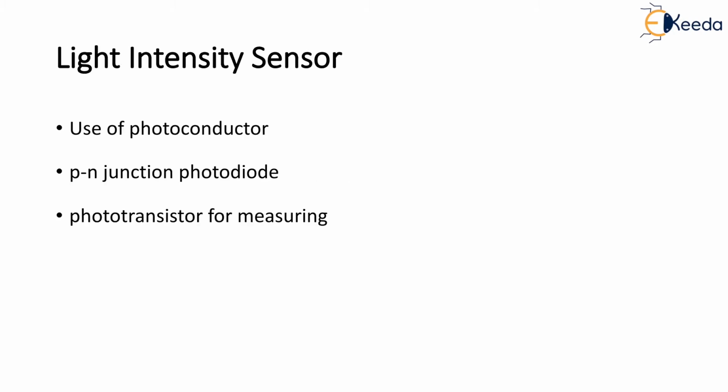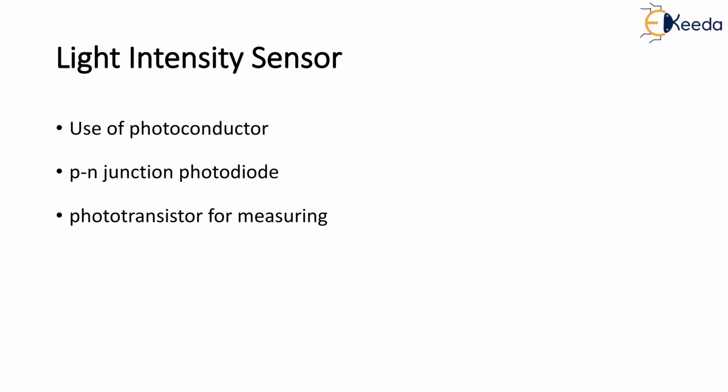So next one, a light intensity sensor. It uses a photoconductor, p-n junction photodiode or phototransistor for measuring the intensity of light. The photoconductor can be used to detect the light in the vicinity. The sensor shows a drop in resistance with surrounding light.